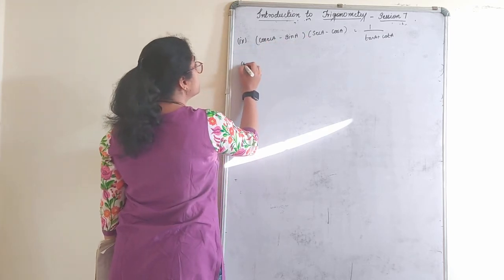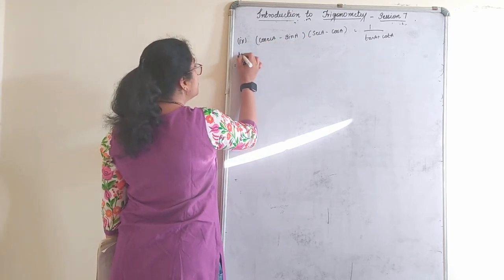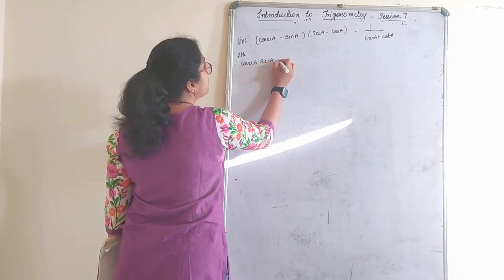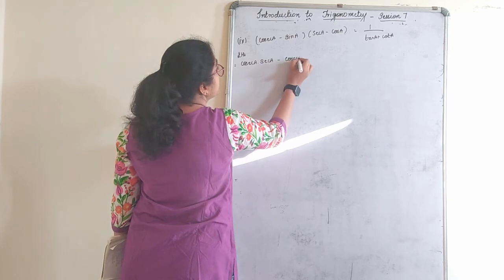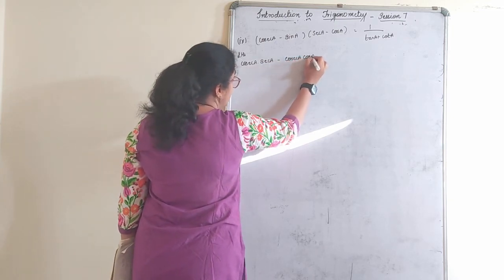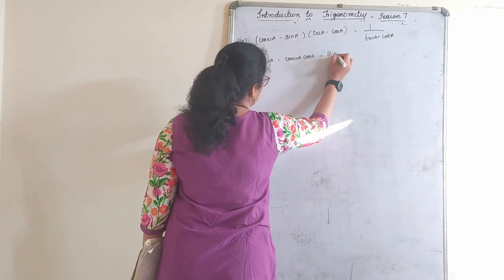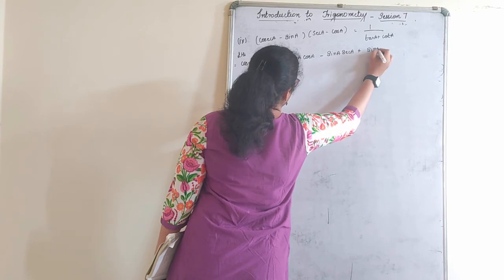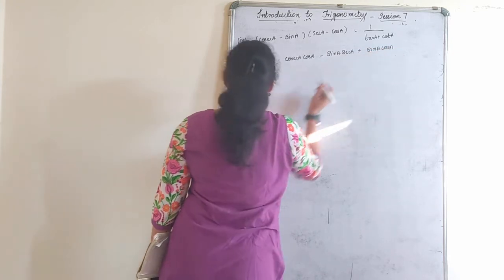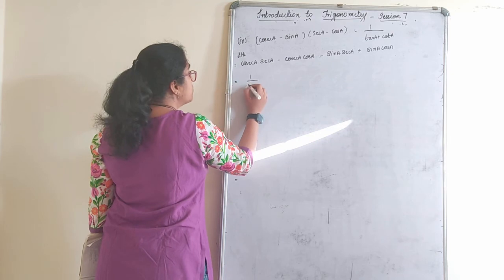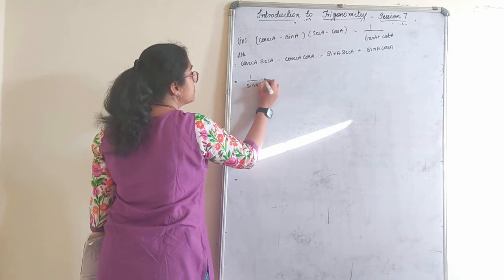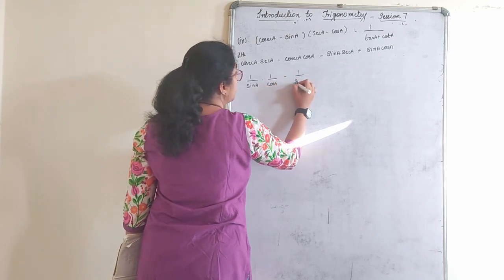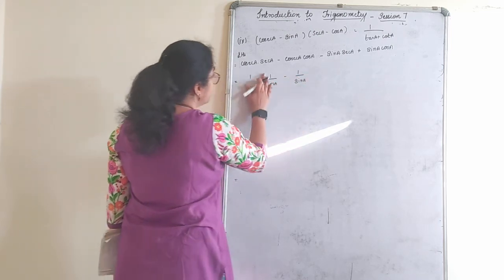Cosec into sec, LHS. Cosec A into sec A minus cosec A into cos A minus sin A into sec A plus sin A into cos A. 1 upon sin A, 1 upon cos A minus 1 upon sin A. Oh, of course, don't do this.